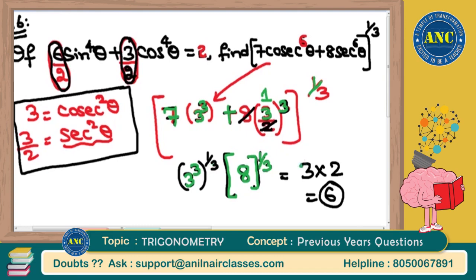Cube root of 3 cube is 3. Cube root of 8 is 2. 3 into 2 is 6. Archana, I believe that it is clear. Don't waste your time unnecessarily doing all those things which we discussed in method 1, at least whenever there is a beautiful shortcut which exists.